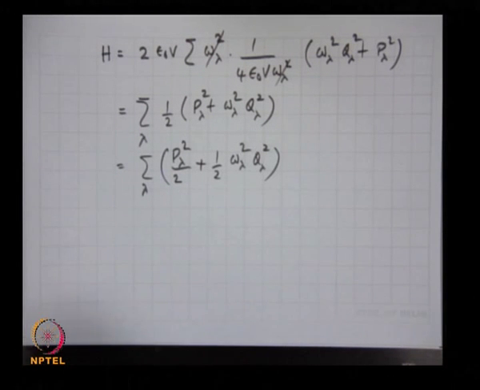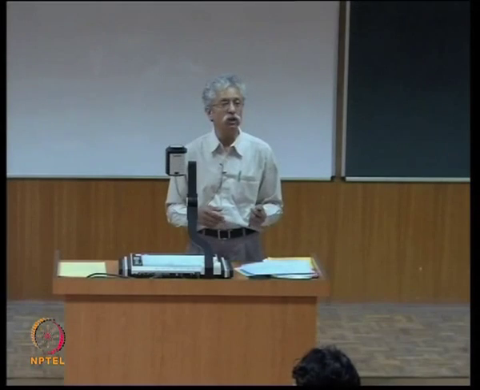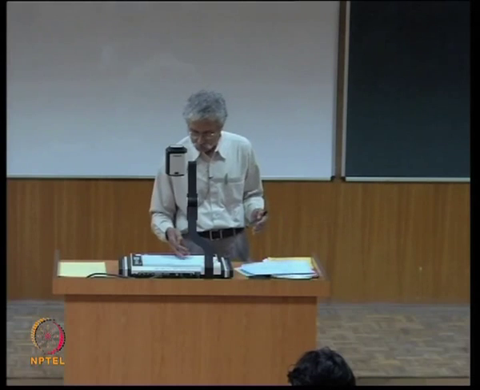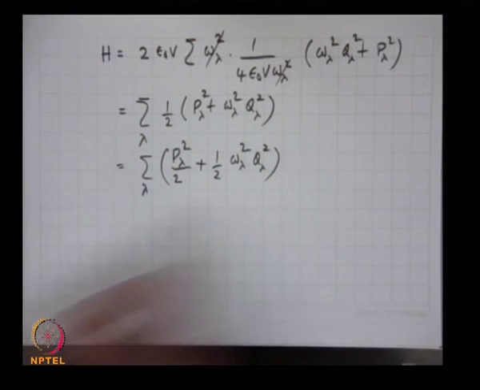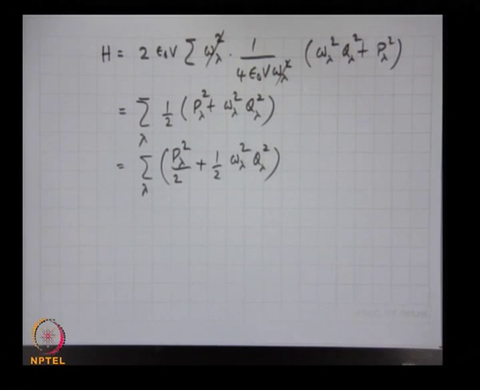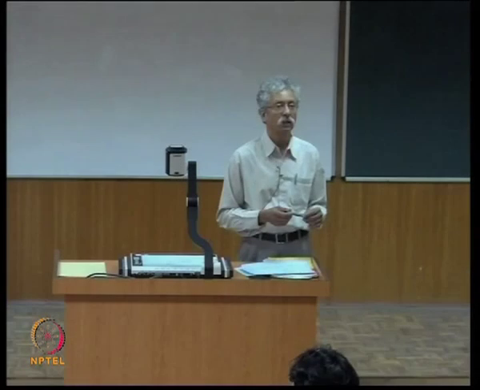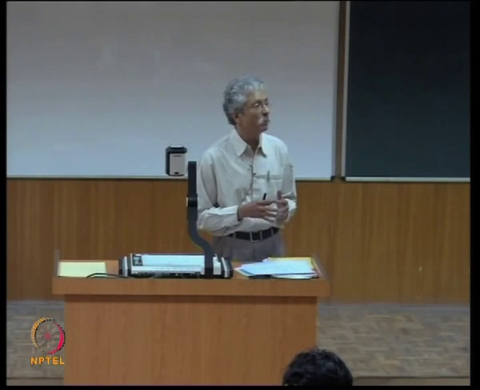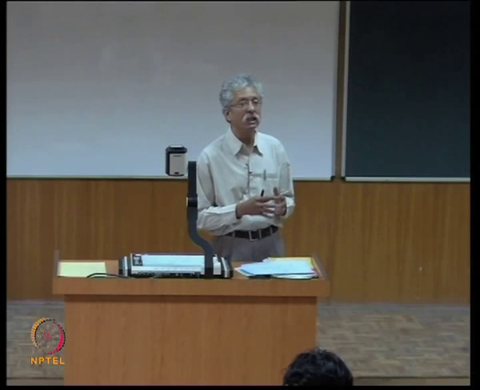By defining two new quantities q lambda and p lambda, what I've done is I've expressed the total energy of the electromagnetic field in that volume in terms of an expression which looks like the harmonic oscillator Hamiltonian. So in this picture, I can consider the electromagnetic field to be made up of an infinite number of harmonic oscillators.